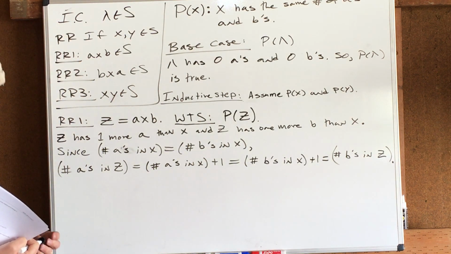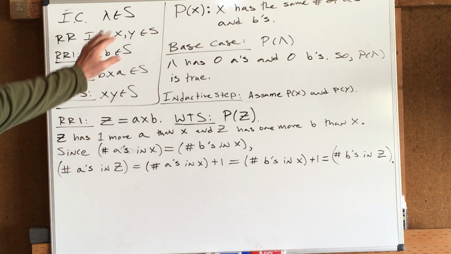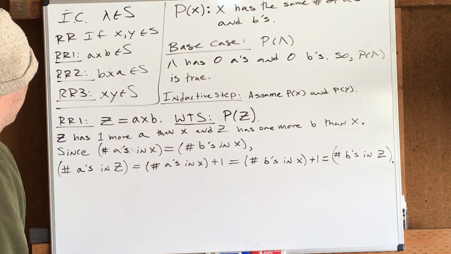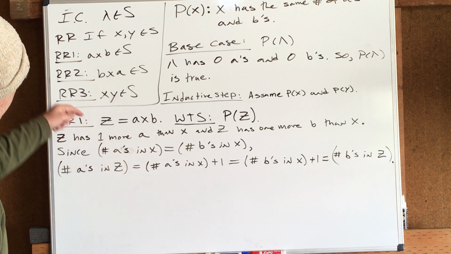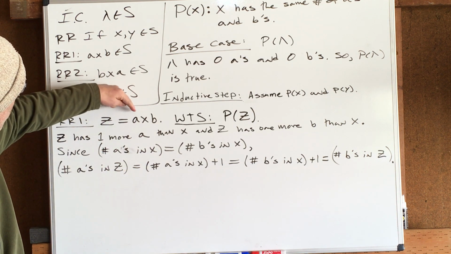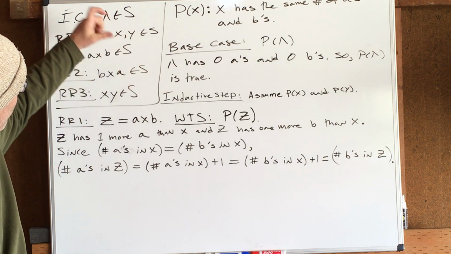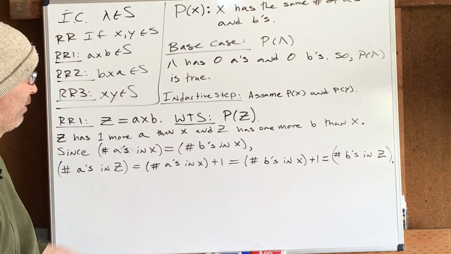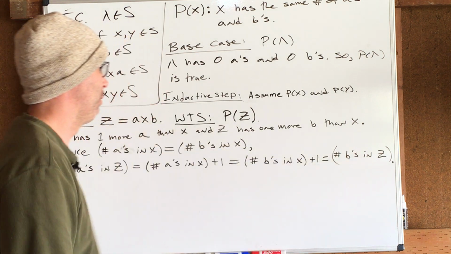Now notice where we used the induction, where we used the assumption that x has the same number of a's as b's. That's right here. X has the same number of a's as b's, so if you add one more a and one more b to x, you're still going to have the same number of a's and b's in z.